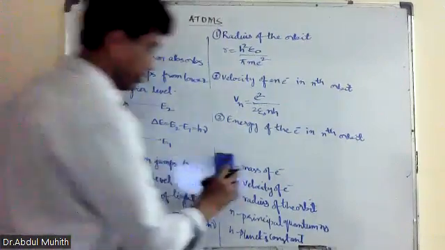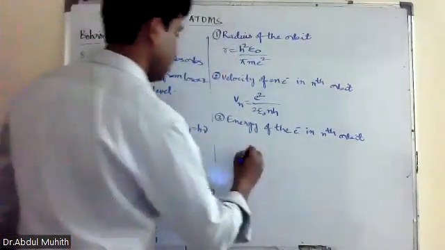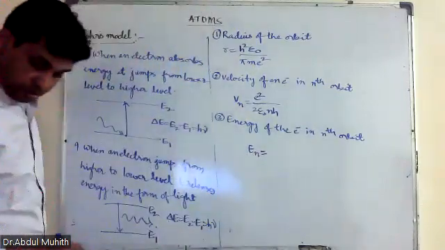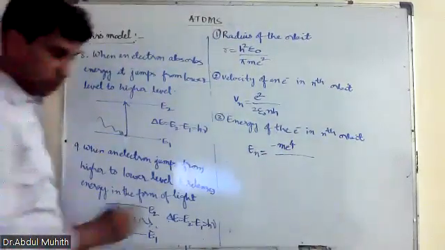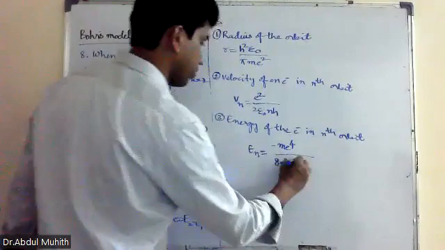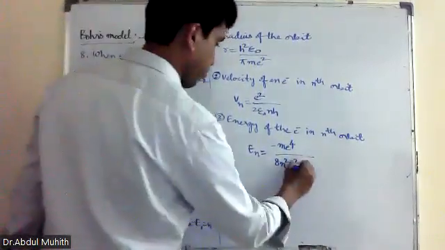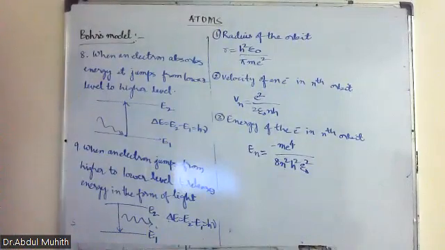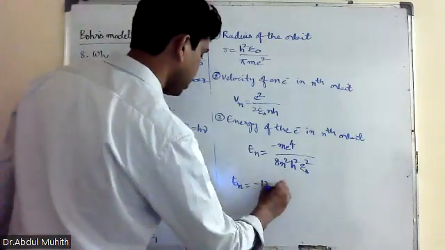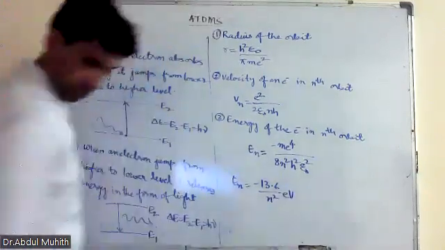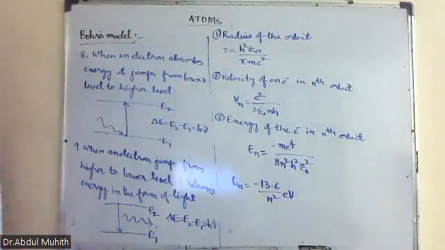En is equal to minus m e power 4 by 8 n square h square into epsilon 0 square. This is the energy of the electron in the nth orbit. In general, the formula is minus 13.6 by n square electron volt. These three formulas are very important because any question can be asked with direct substitution.